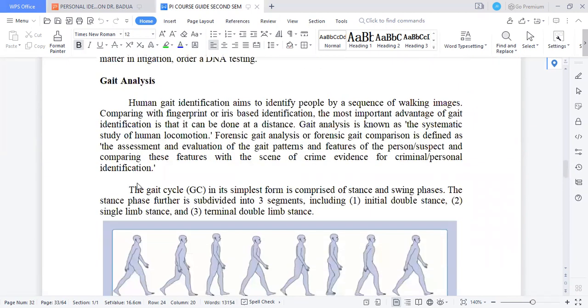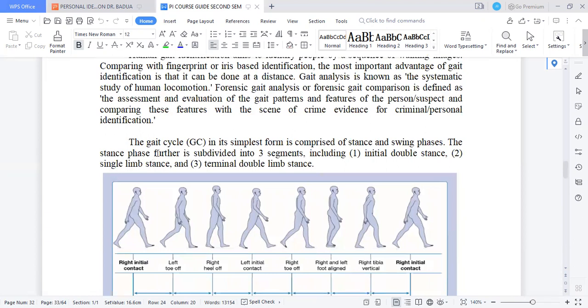So aside from DNA, we also have what we call gait analysis, and it is known as the study of human locomotion, the way we move, the way we walk, the way we swing the arms, and pertaining to the movement of your body while walking. So, gait analysis is based on the gait cycle.